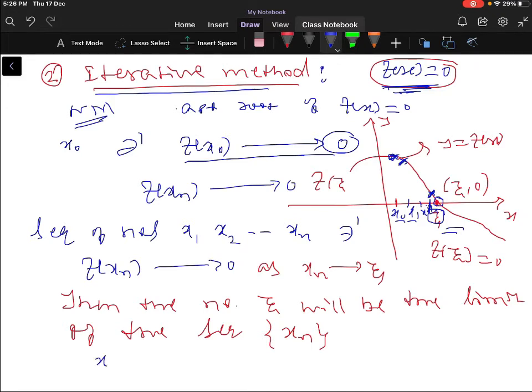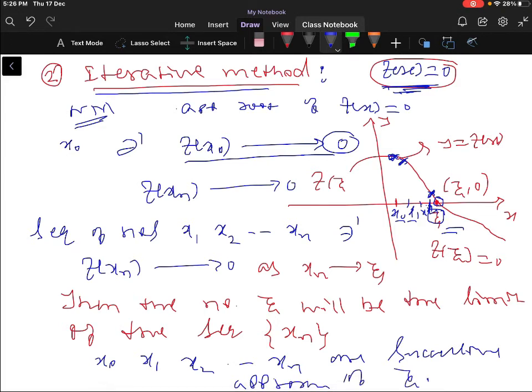Therefore x0, x1, x2 and so on xn are successive approximations of the root xi. Therefore the process of constructing successive approximations is called iterative method.